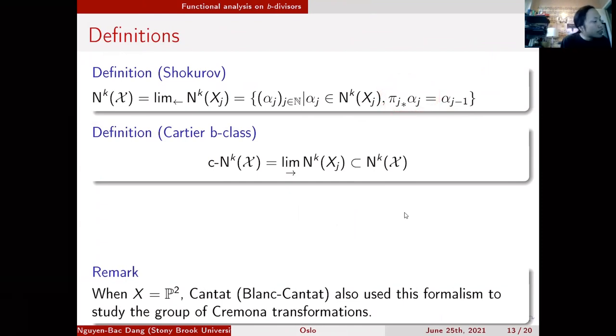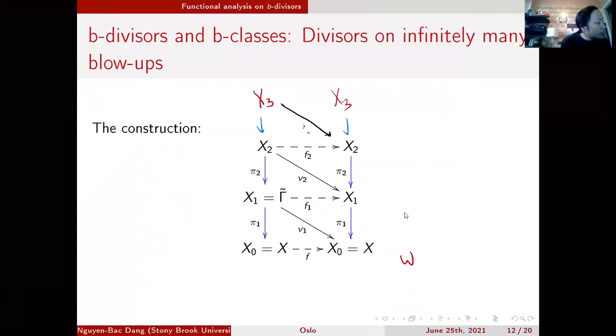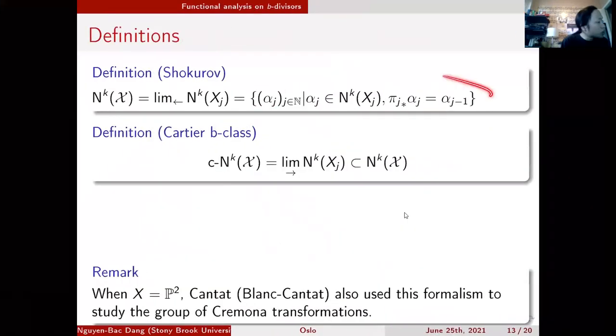I ask that if I have one class that lives here, then it has to push forward to the right class that lives here. So this is the projective limit. But what I'm interested in is not exactly the projective limit, but rather the inductive limit. So these are classes that live in a fixed model. So those are elements of the inductive limit.